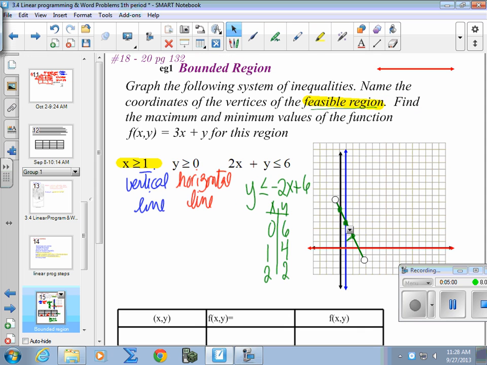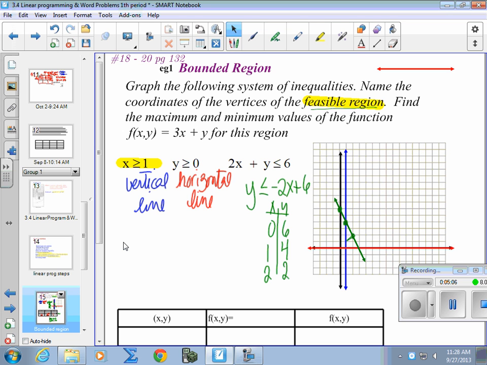So basically, we formed a triangle because we're shading to the right of the blue line. We're shading above the red line, and we're shading below the green line.